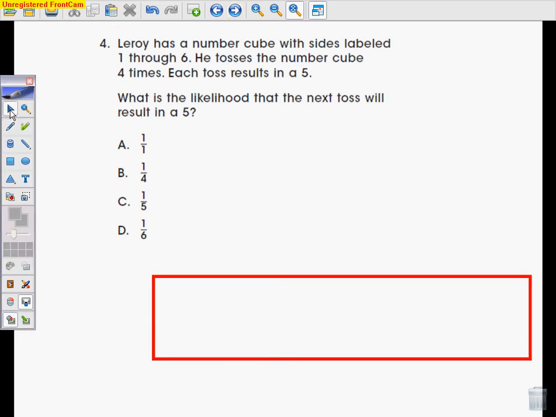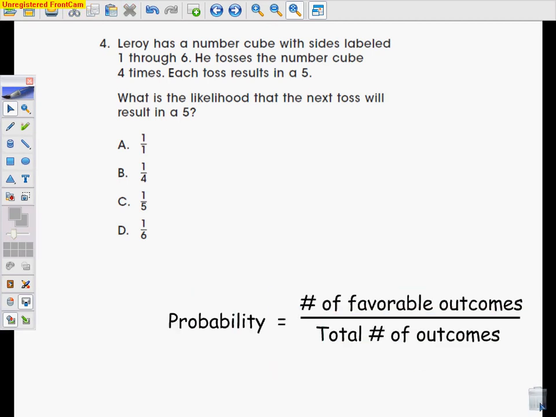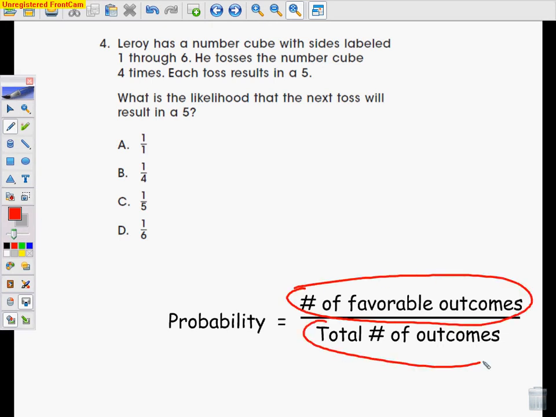Well, when we're talking about likelihood, we're also talking about probability. Probability you find by taking the number of favorable outcomes and dividing it by the total number of outcomes. So the favorable outcome we're talking about is Leroy rolling a 5.